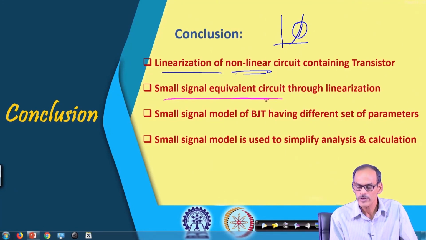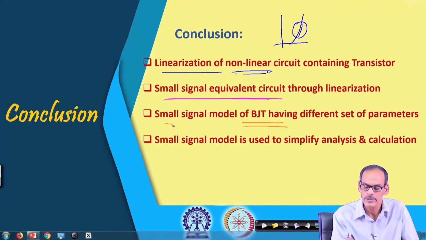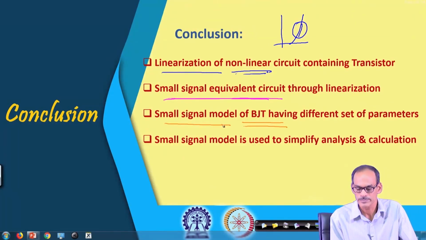Now, whenever we are drawing some small signal equivalent circuit of a given circuit, the same notion can be deployed for the simple transistor also. So, if I consider BJT in this case, if I restrict our signal within some range, then the BJT can be represented by a linearized form, which is referred to as small signal model of the transistor.